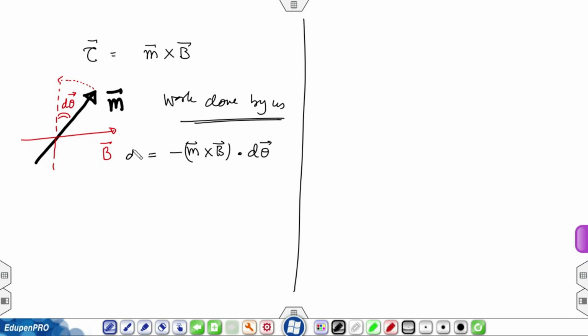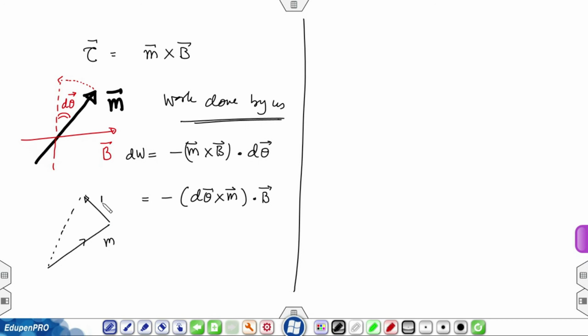This is dW, which by cyclic rule I can write as minus d theta cross m dot B. What is d theta cross m? So, this is m rotated by angle d theta.